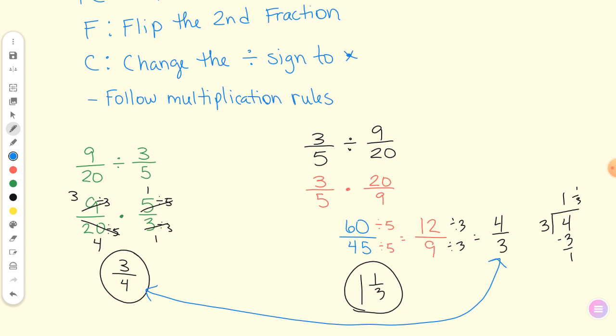Let me rewrite these problems in a different way. I'm going to write them as a complex fraction. You don't have to write this. That's called a complex fraction. All it is is a division problem. The big division bar is considered the divide sign.